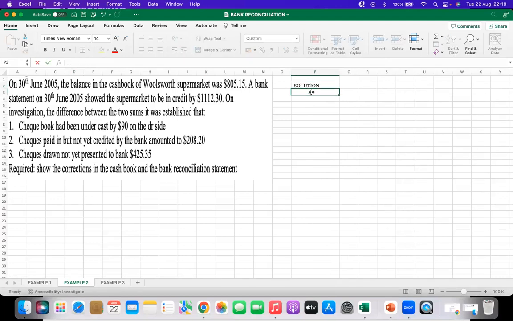So in order to show that, we'll look at our solution. Number one, you prepare what we call the adjusted cash book. And number two, you prepare what is called the adjusted bank statement. So let's start with the adjusted cash book as has been the routine. We are working in dollars.